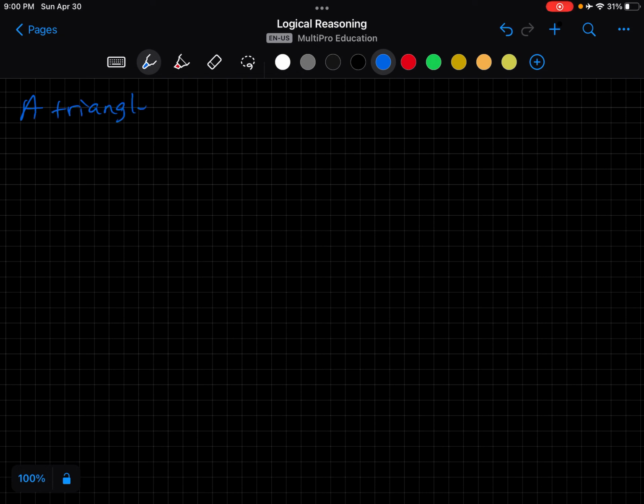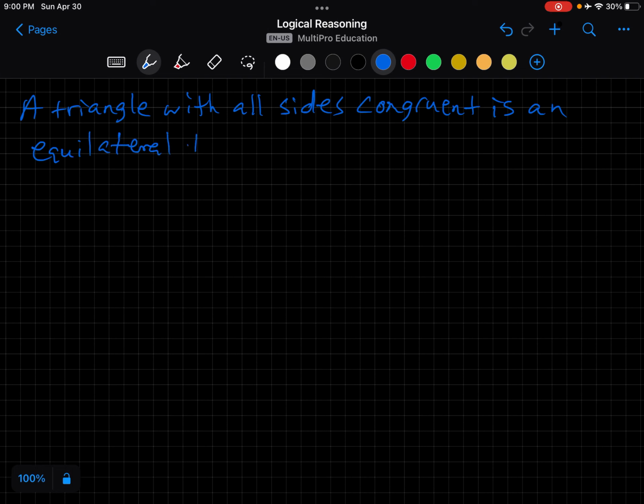A triangle with all sides congruent is an equilateral triangle.